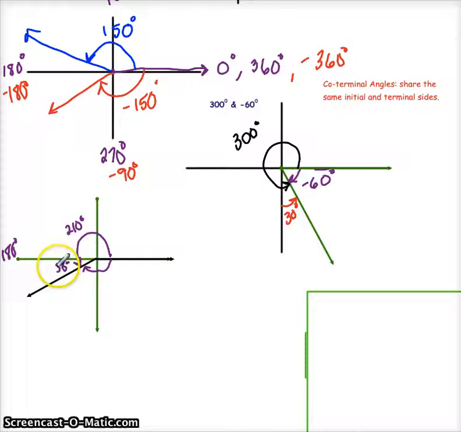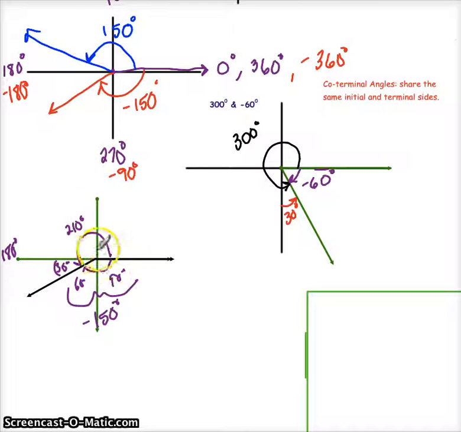So if this small angle is 30, then this distance is 60. Good. So this distance is 60, this distance is 90. So our coterminal angle is negative 150 degrees. These angles have the same initial side and the same terminal side.